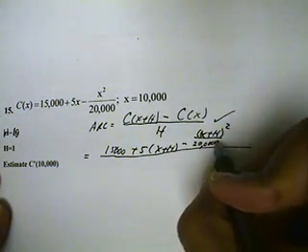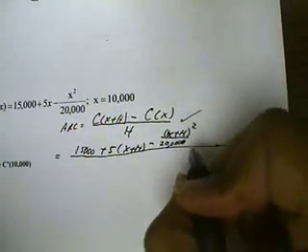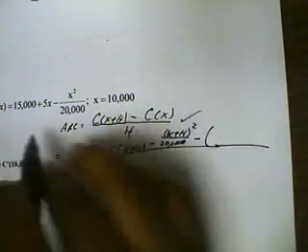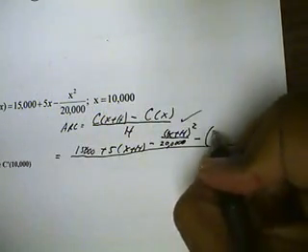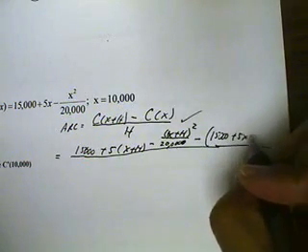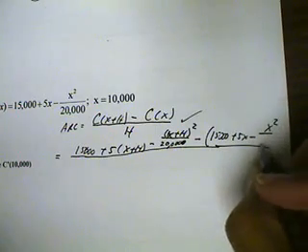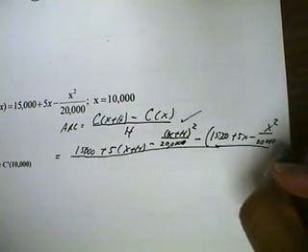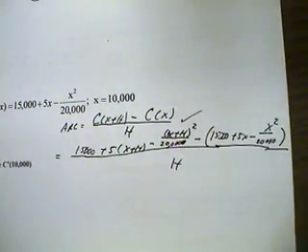And then the last piece will be minus parentheses C of x, which is all of this. So that will be 15,000 plus 5x minus x squared all over 20,000. I'll close that. And that's all over h.